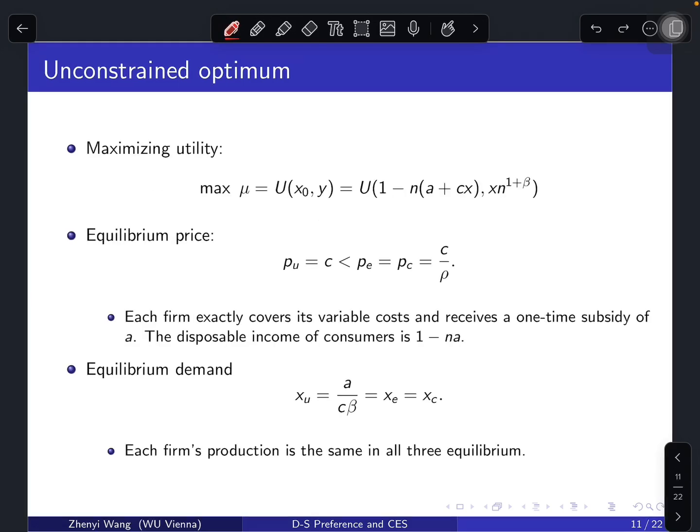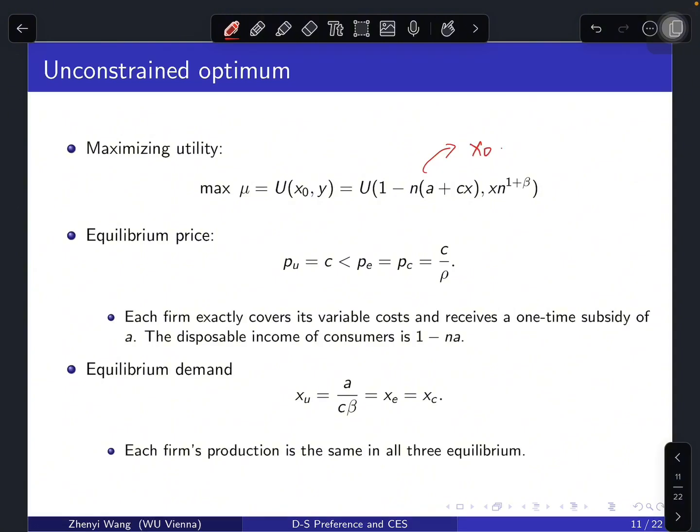Well, for the unconstrained optimum, it aims to maximize social welfare in theory without worrying about practical limits such as fixed costs or how firms enter or exit the market. So here we could say that unlike the constrained case, it doesn't consider how fixed costs affect firms. So the maximization problem only replaces X0 using the economic resource constraint.